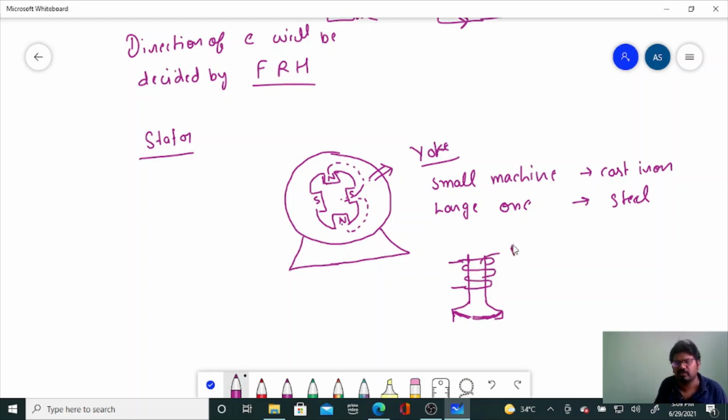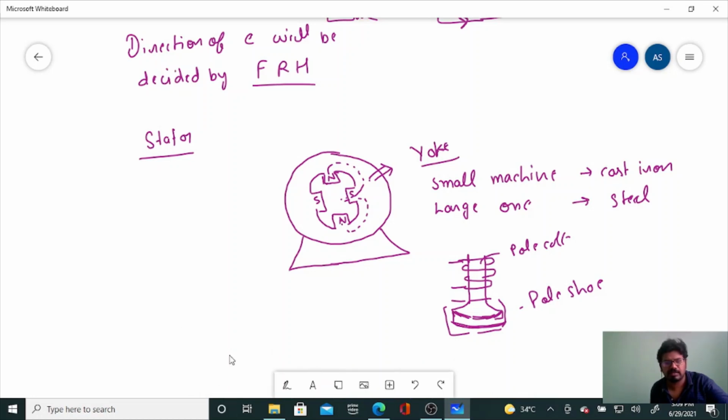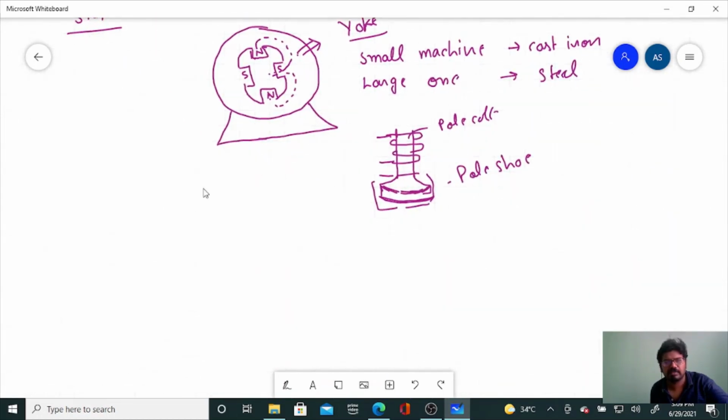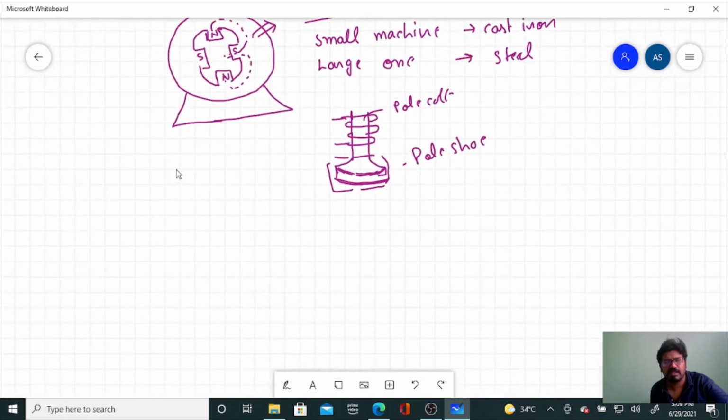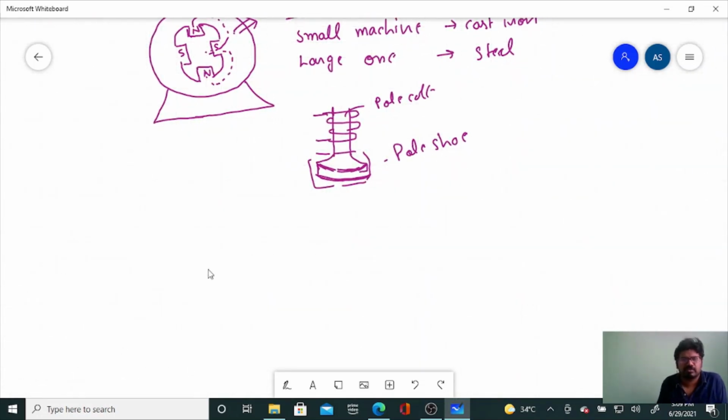This is called the pole core, and this portion down here is called the pole shoe. And this is your pole arc, call it a pole arc. Okay, now let's discuss the armature core.